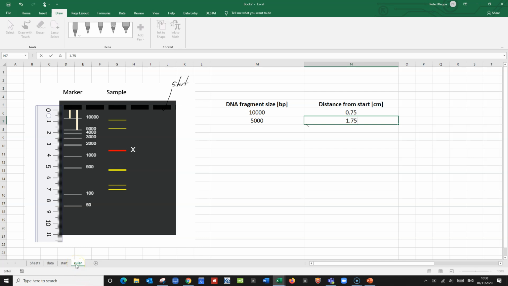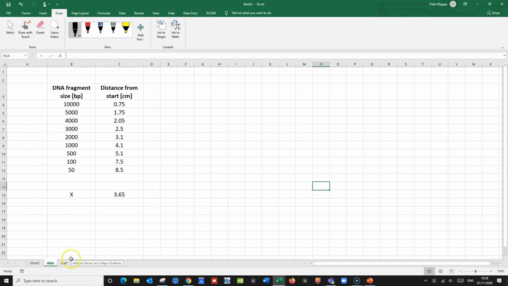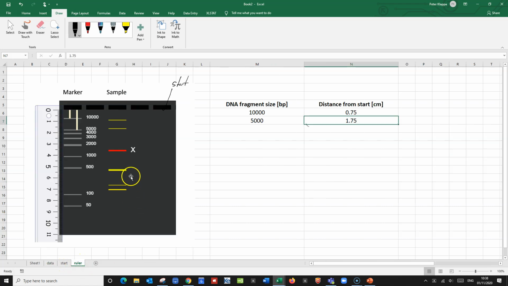So these are the data, and here I have typed them all in. We would, of course, also do that for our unknown band here. And again, we measure it with the ruler, and it's probably 3.65 or something like that.